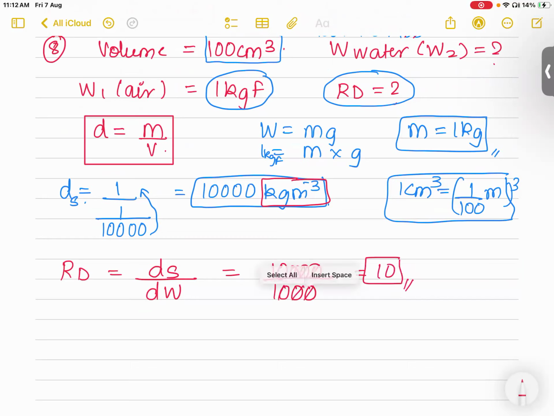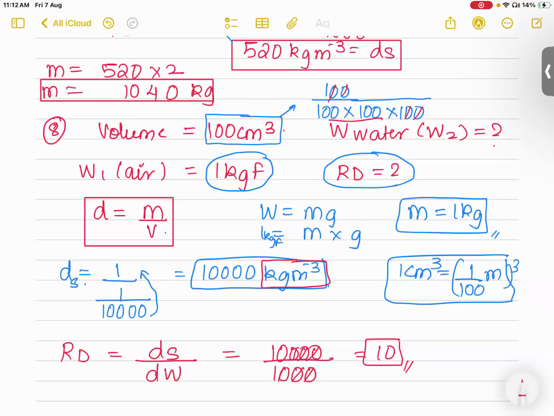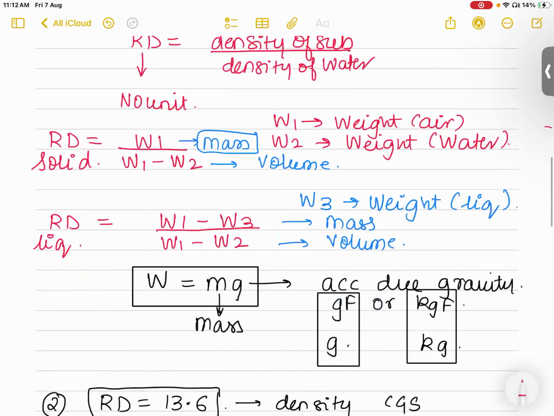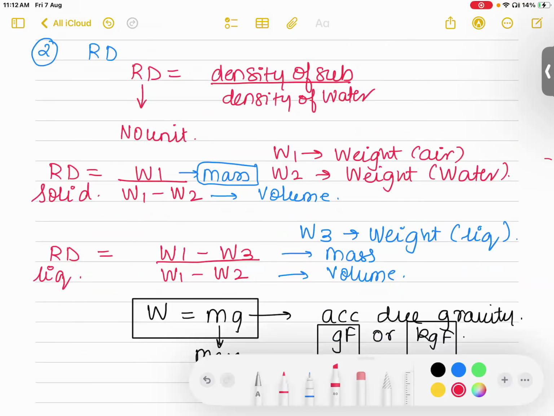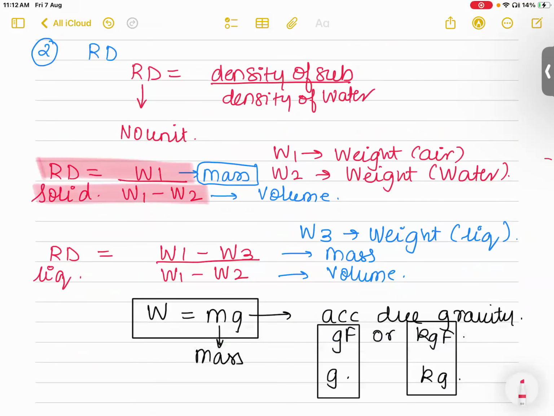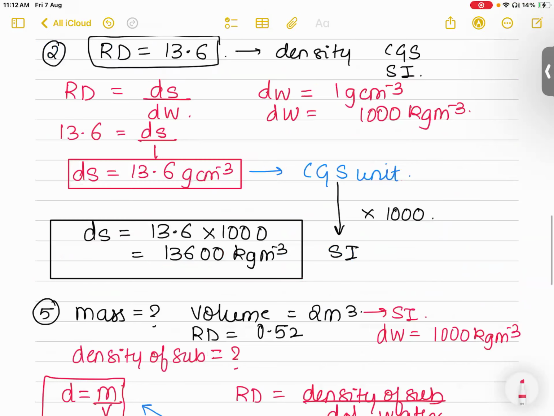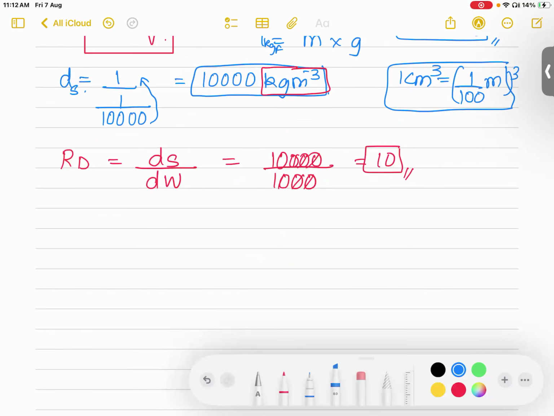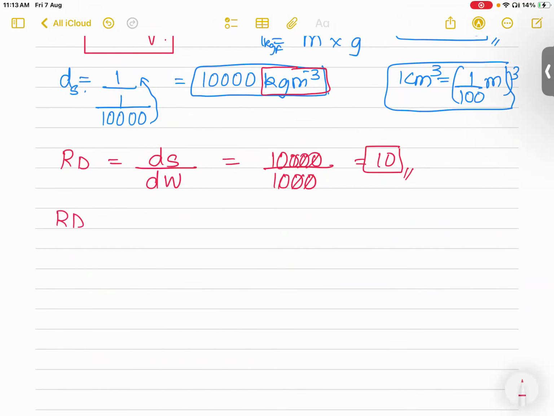Don't stop here. We need to even calculate W2. And if I try to recollect, I have a relation. See, we have a list of formulas which says RD of a solid can be found out by using this particular formula. So let's try to prefer that formula and let's try to get it. So we will write here RD is equal to W1 upon W1 minus W2.